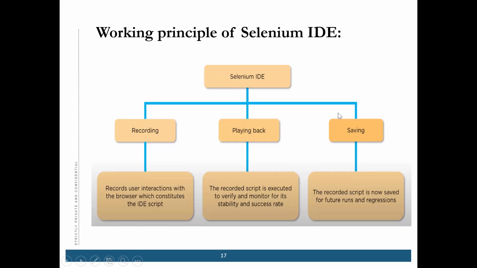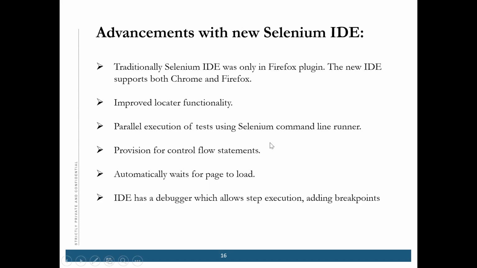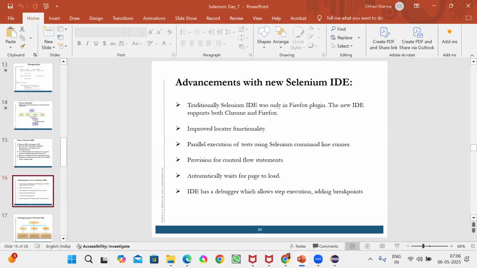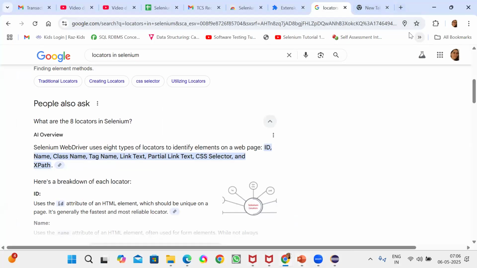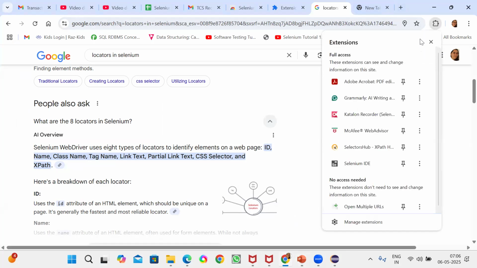Can you please explain how to use an if statement in the IDE? At least, can you give me one example of how we can use it in the IDE? If we open it, I've closed it now.